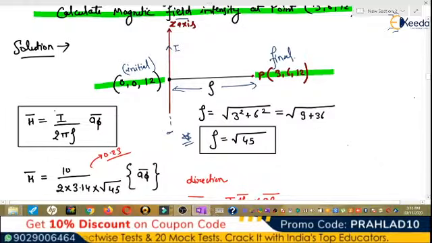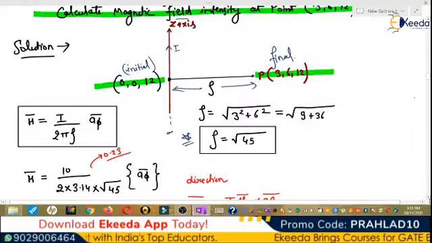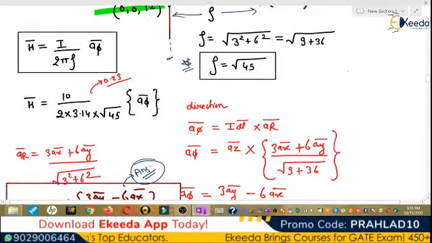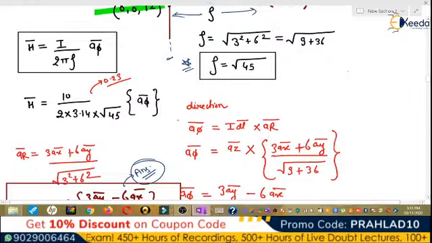So H vector is I upon 2 pi rho a_phi. Here I is 10, so 10 upon 2 pi, pi is 3.14, and rho is square root of 45, and the direction is a_phi. We can calculate the direction a_phi in the Cartesian coordinate system. a_phi is I dl vector cross aR vector.